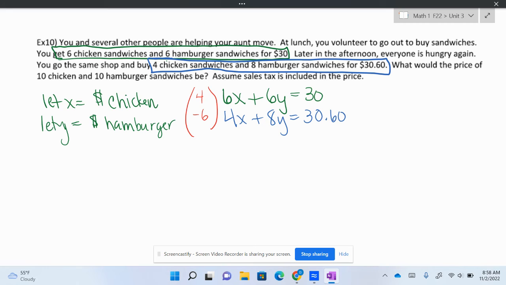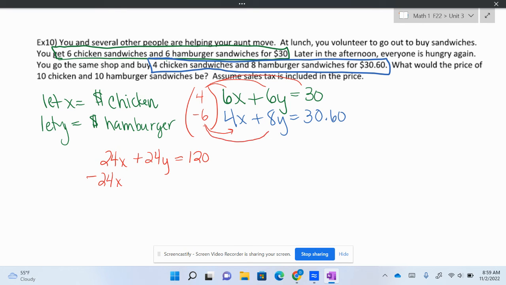Is that okay? So 4 times 6x is 24x. 4 times 6y is 24y. And 4 times 30 is 120. Negative 6 times 4x is negative 24x.